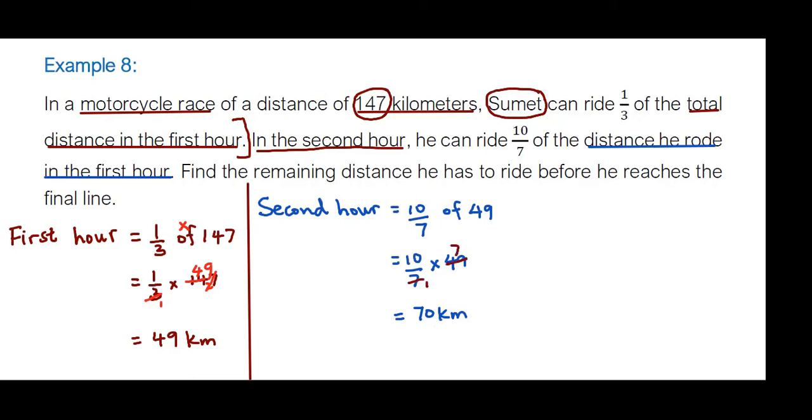All right. So let's continue reading. Find the remaining distance he has to ride before he reaches the final line. Do you understand that? How many kilometers is he supposed to cover to complete the whole journey? How can we do that?